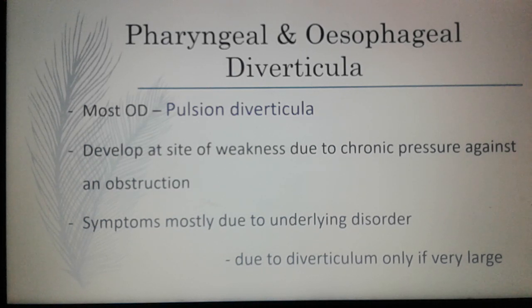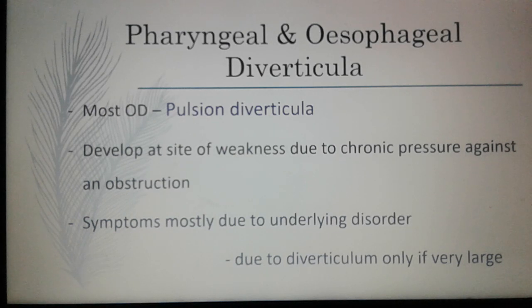Pulsion diverticula form due to increased pressure, and just like a hernia, it comes out through some weak point of normal or abnormal anatomy in a patient, especially the cricopharyngeal area. And symptoms are mostly due to the underlying disorder. Normally, the patient is symptomatic not because of this small pulsion diverticula.